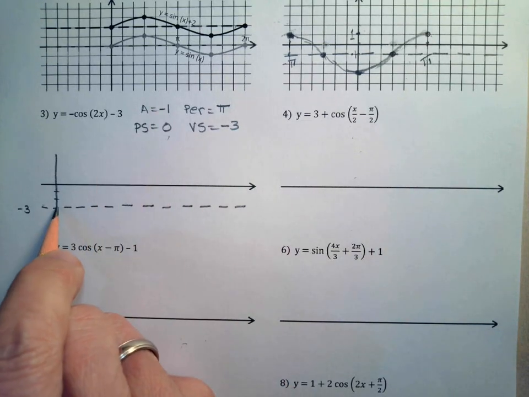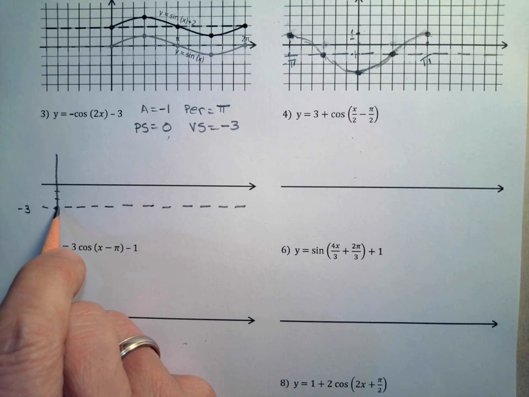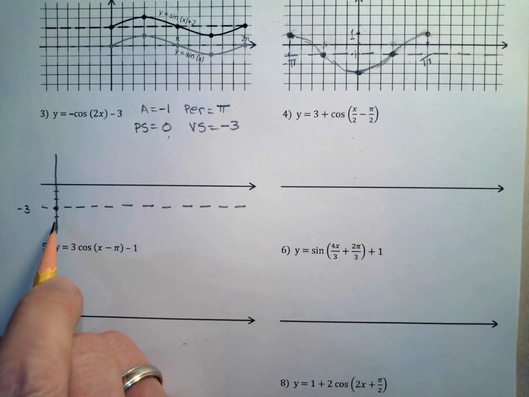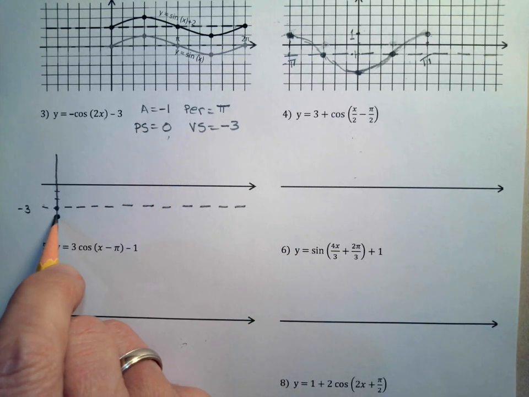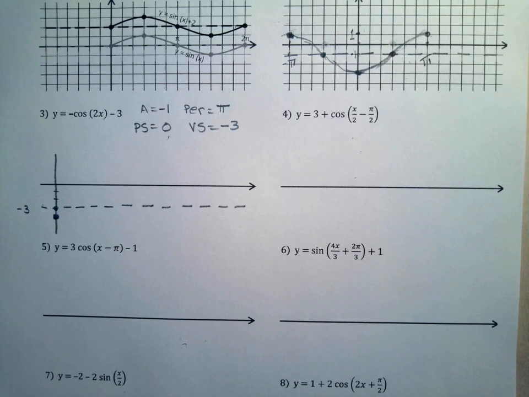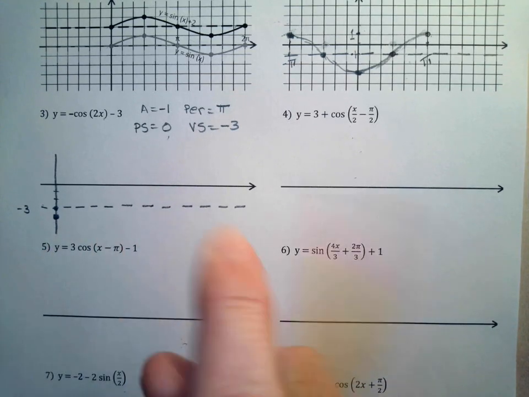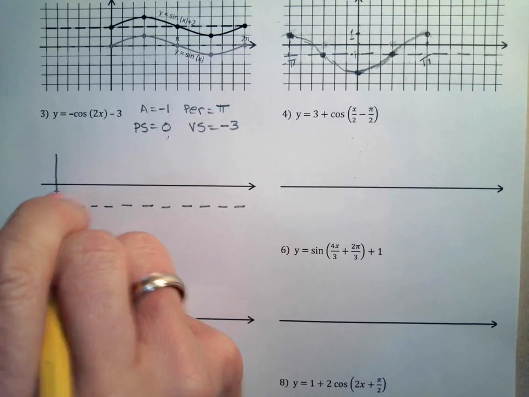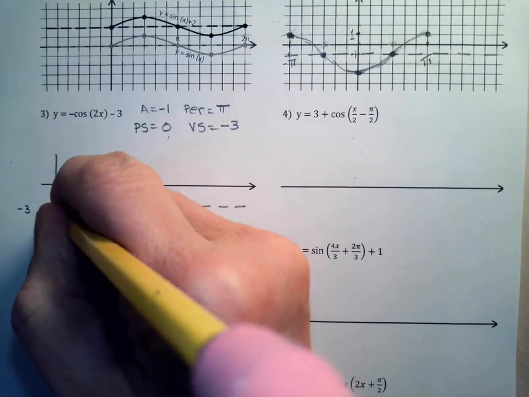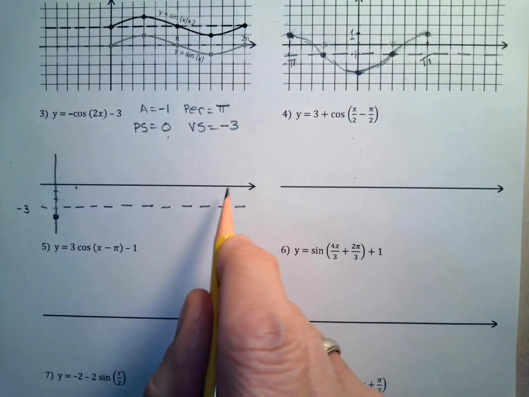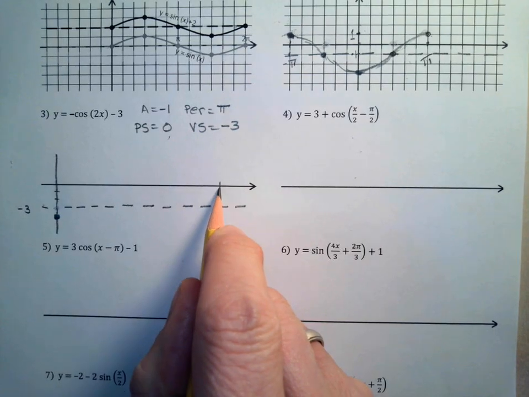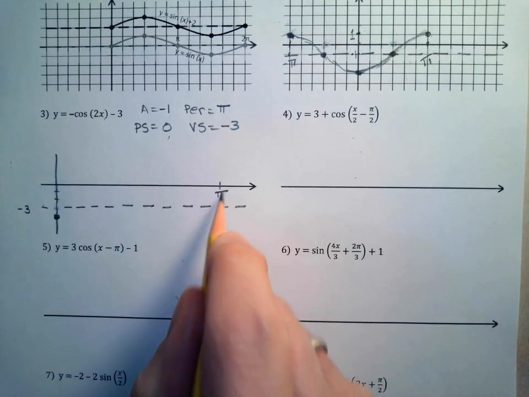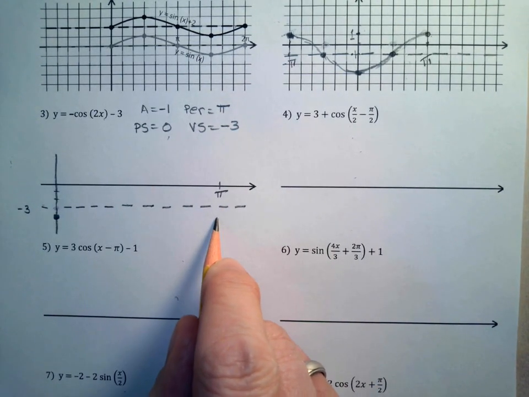Phase shift is 0. So, no, it's cosine, and it's negative. So we're going to start right here. And then we want to go a period away, and that period is pi. So I'm going to go over to pi. So let's call this pi. And I'm also going to be 1 below the baseline.